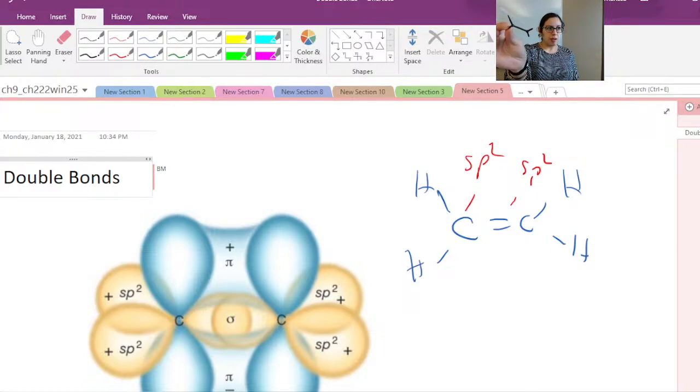I can pass this around. So this is planar. We're seeing that this is an sp2 carbon, which means this structure is planar, versus sp3, which has more 3D character. So I'll pass and build.